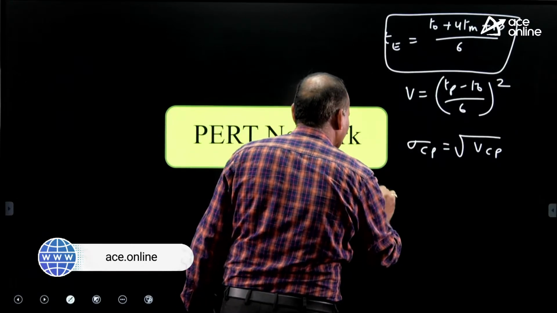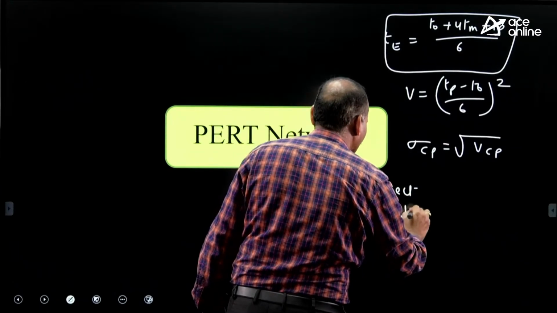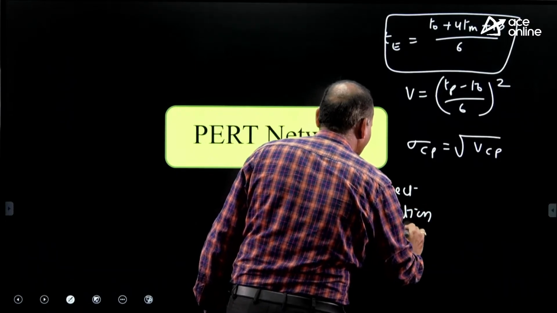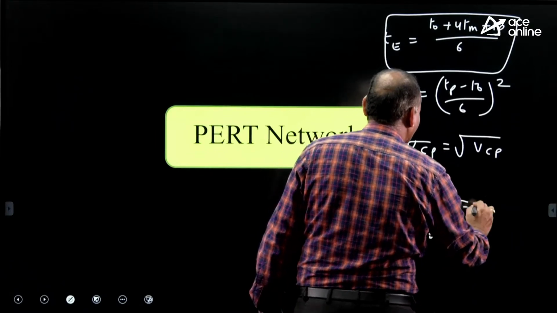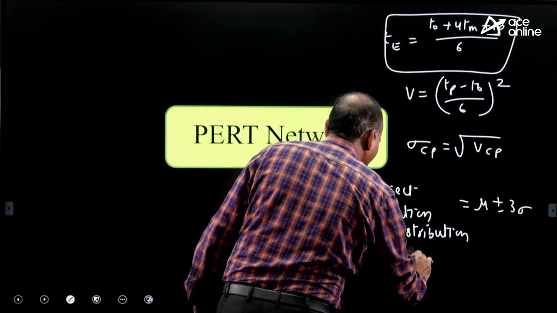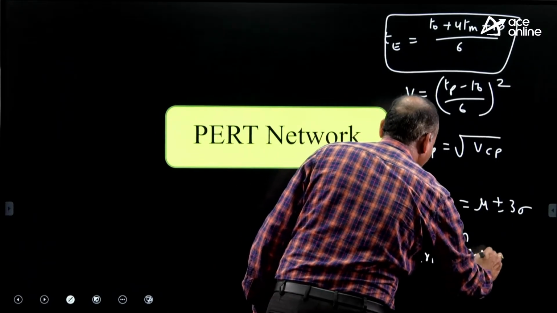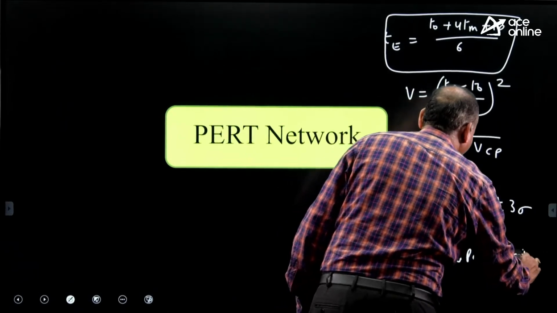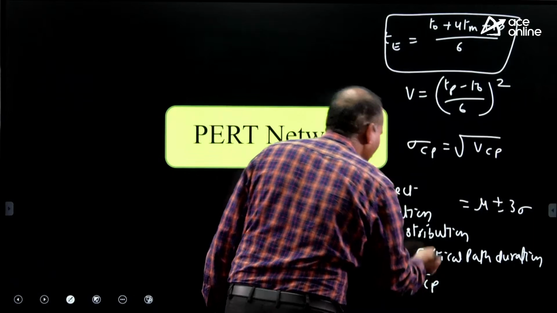And the project duration distribution is equal to mu plus or minus T sigma, where mu is equal to critical path duration, and sigma is equal to sigma CP. So these are the things required.